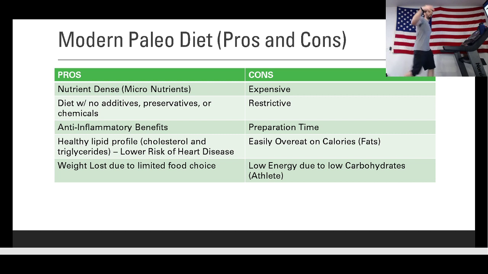Obviously they prefer you to do vegetables, but fruit is a very minimal amount, because the whole idea is that fruit wasn't around all year round, and definitely not all kinds of fruit were around. You could live in an area where oranges just aren't native, but we can get all kinds of fruit that we want all the time. So anyways, generally you're going to have a lower carbohydrate intake.